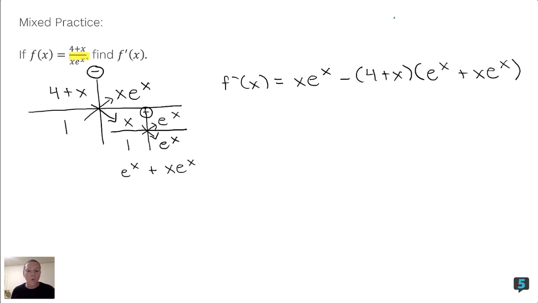And because it was quotient rule that I was using to begin with, I've got to do all over my original denominator squared. So this is actually a problem where I have to do the quotient rule and the product rule in the same exact example.